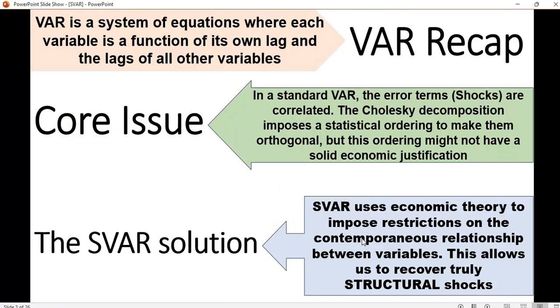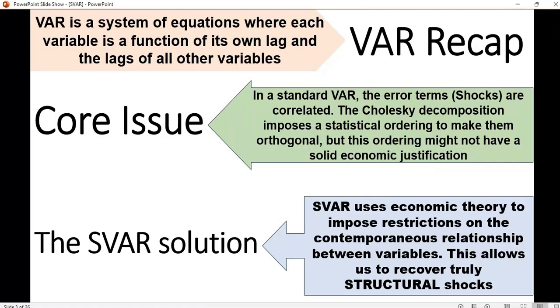In the last vector autoregression video, we said VAR is a system of equations where each variable is a function of its own lag and the lags of all other variables. The core issue is that in a standard VAR, the error terms, which are the shocks, are correlated.